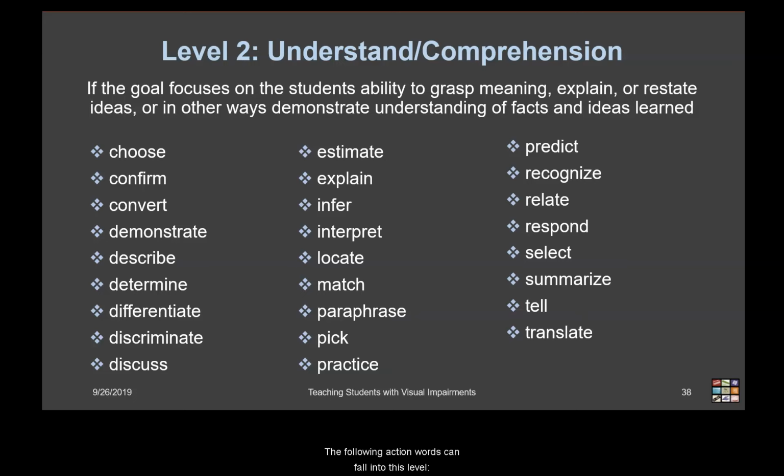The following action words can fall into this level: choose, confirm, convert, demonstrate, describe, determine, differentiate, discriminate, discuss, estimate, explain, infer, interpret, locate, match, paraphrase, pick, practice, predict, recognize, relate, respond, select, summarize, tell, and translate.